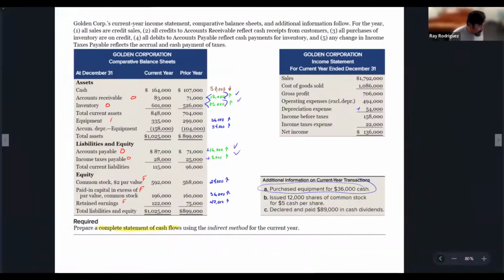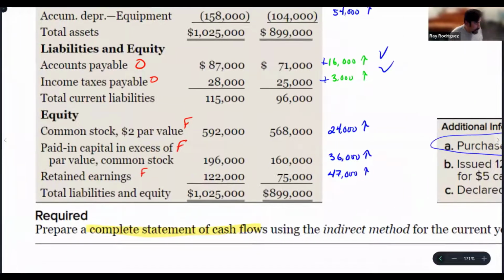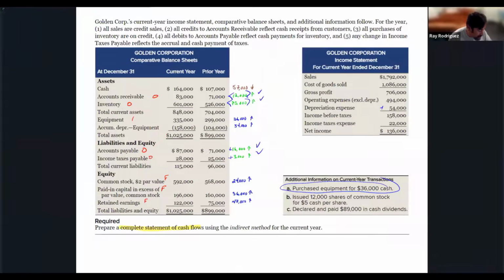And then we go look at financing. Financing, we can see that common stock went up, excess paid in capital went up, and retained earnings went up. So retained earnings, we know, is actually two pieces. Retained earnings is 136 up, and if there's any dividends, and there are, dividends down.